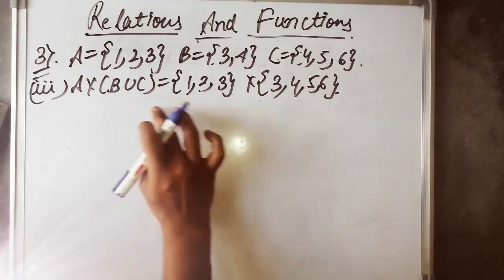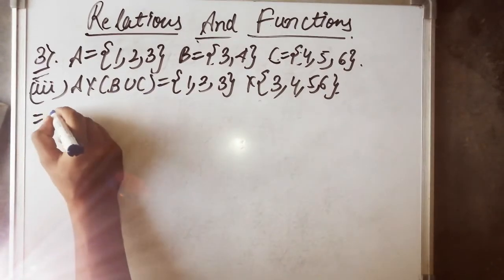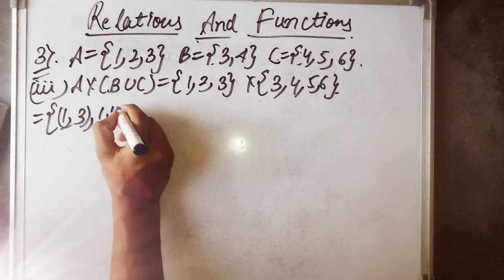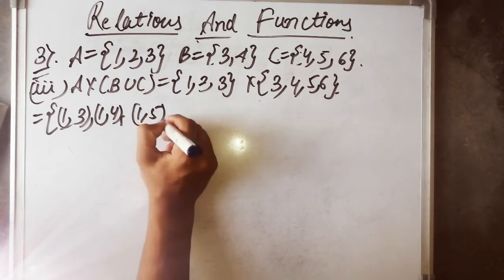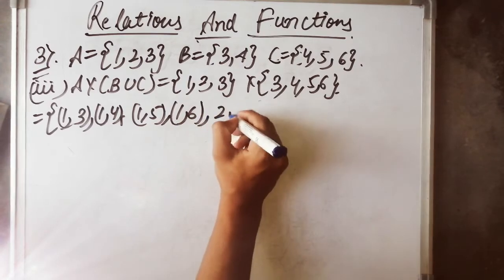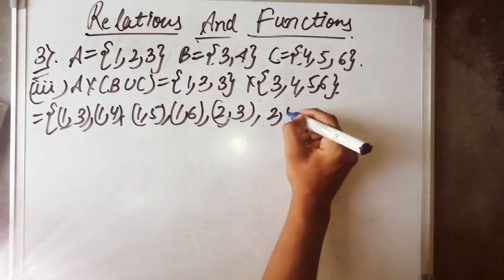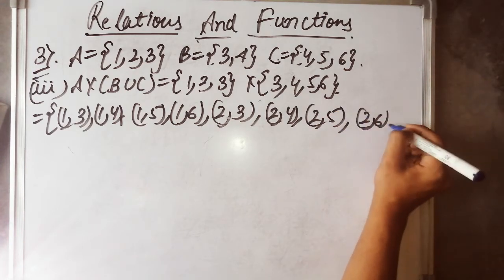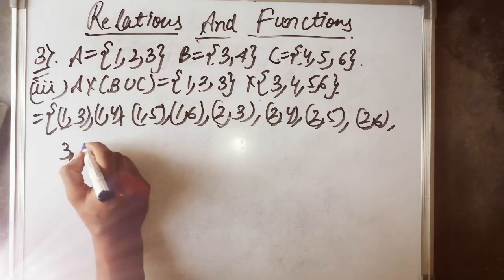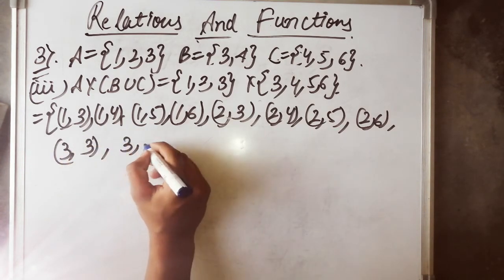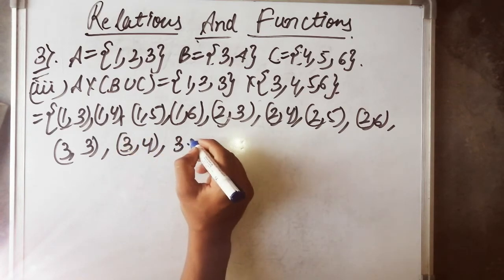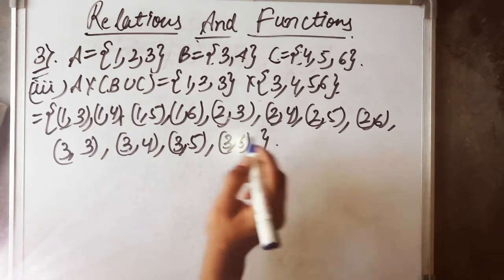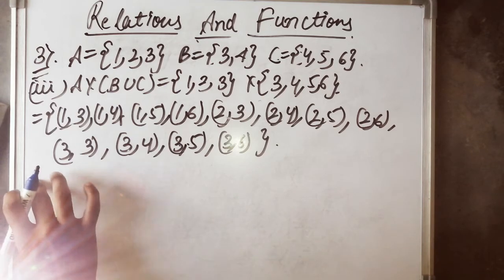Now let's find it out: (1, 3), (1, 4), (1, 5), (1, 6), (2, 3), (2, 4), (2, 5), (2, 6). Next up we have (3, 3), (3, 4), (3, 5), (3, 6). This is A cross (B union C).